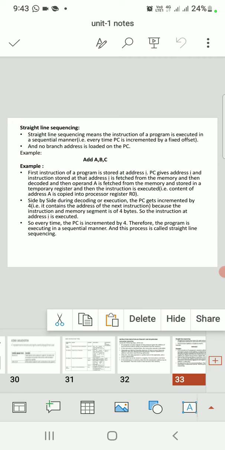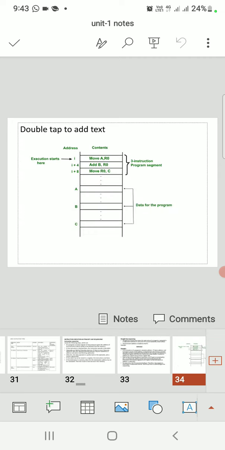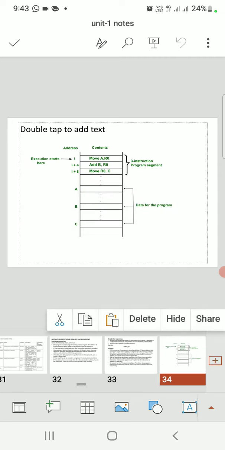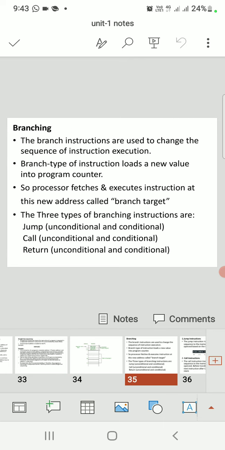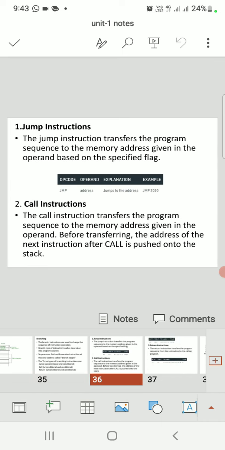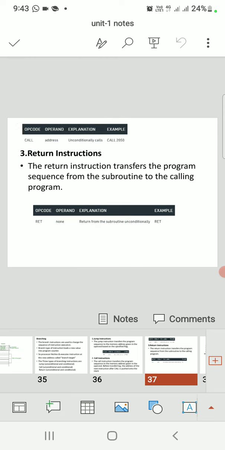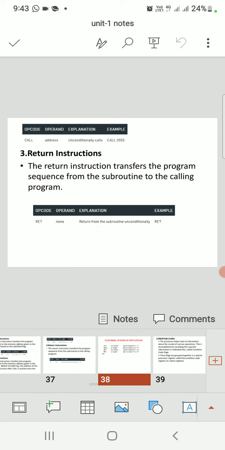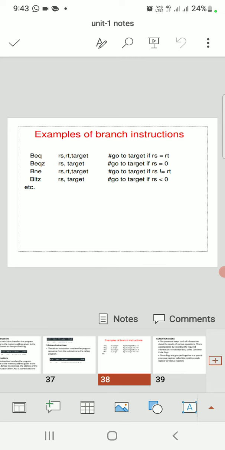Branching means jump, call, return. This is the diagram of sequential execution. This is branching. So jump, call, return are branching examples. This is a jump instruction diagram. Another one is the call instruction. The return instruction also has a diagram. This is the example for all these things.